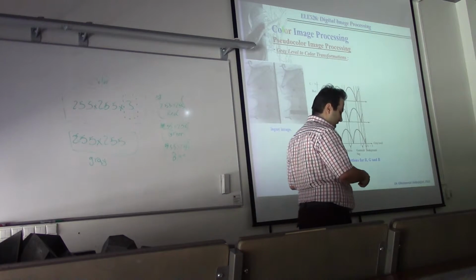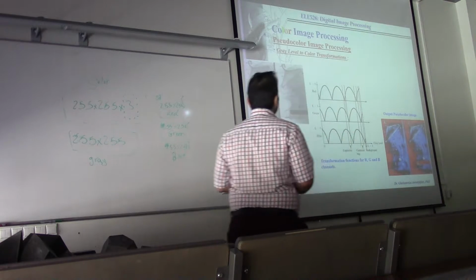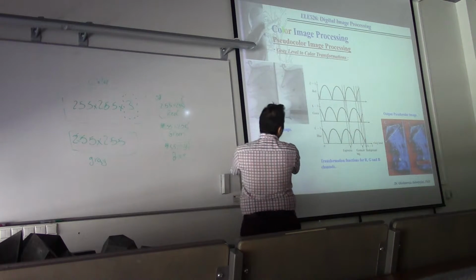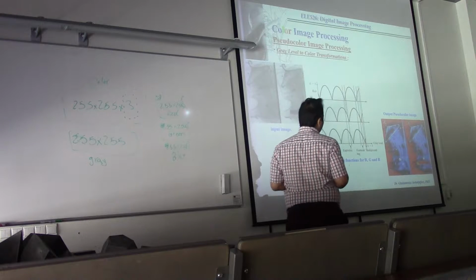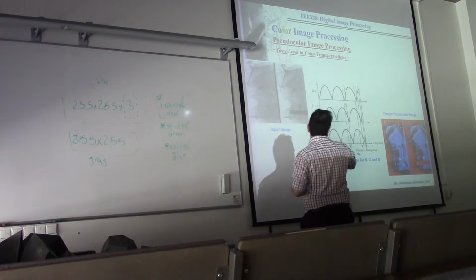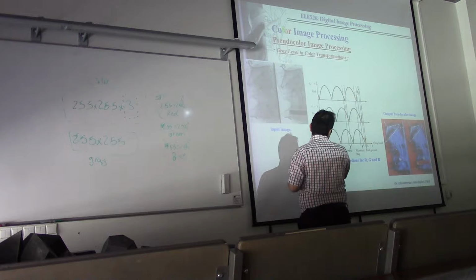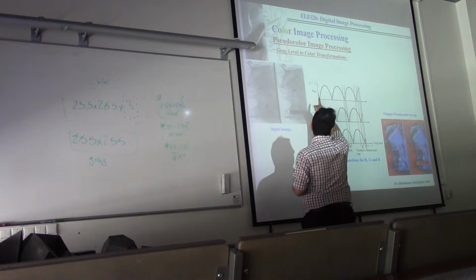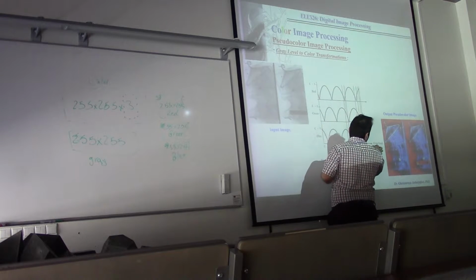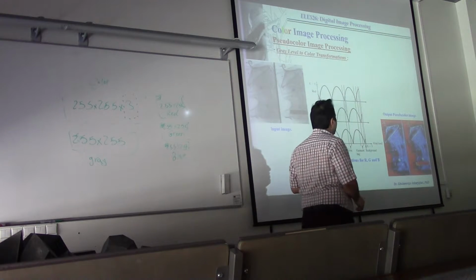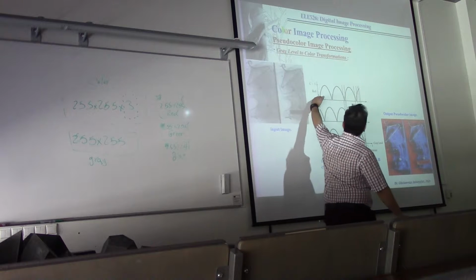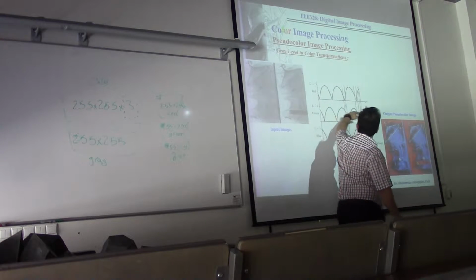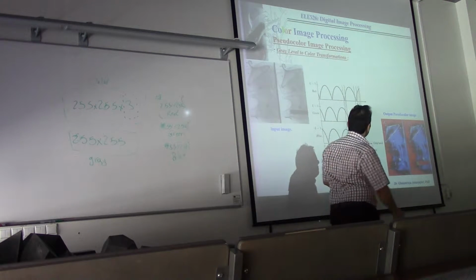And also you can, for example, see for this image, we have the axis from 0 to L minus 1, where L minus 1 is the gray level. Here we have the red like this, green like this, and blue like this.